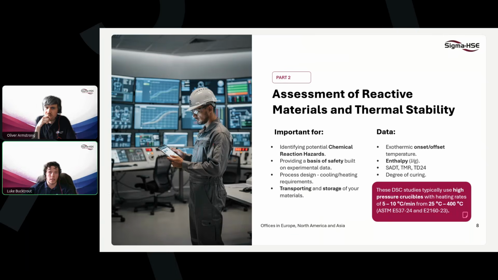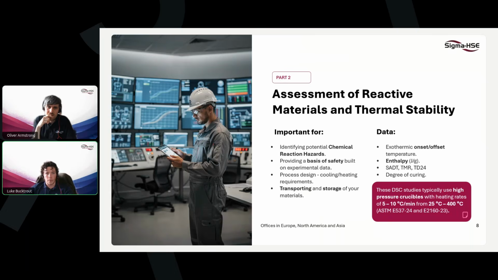These worst case scenarios are needed for further adiabatic testing and even further down the line for vent sizing requirements for emergency relief systems. So this initial data allows us to provide a basis of safety built on a solid foundation of experimental data.